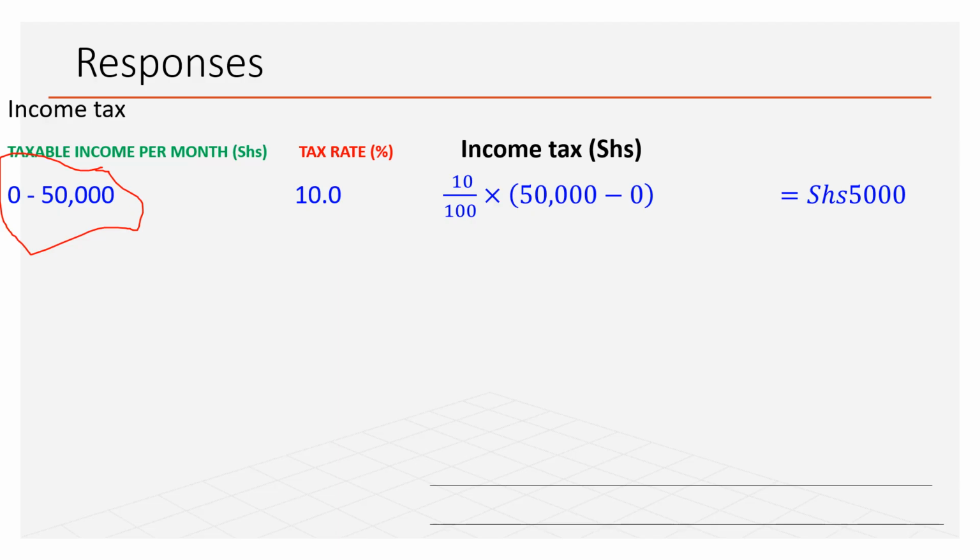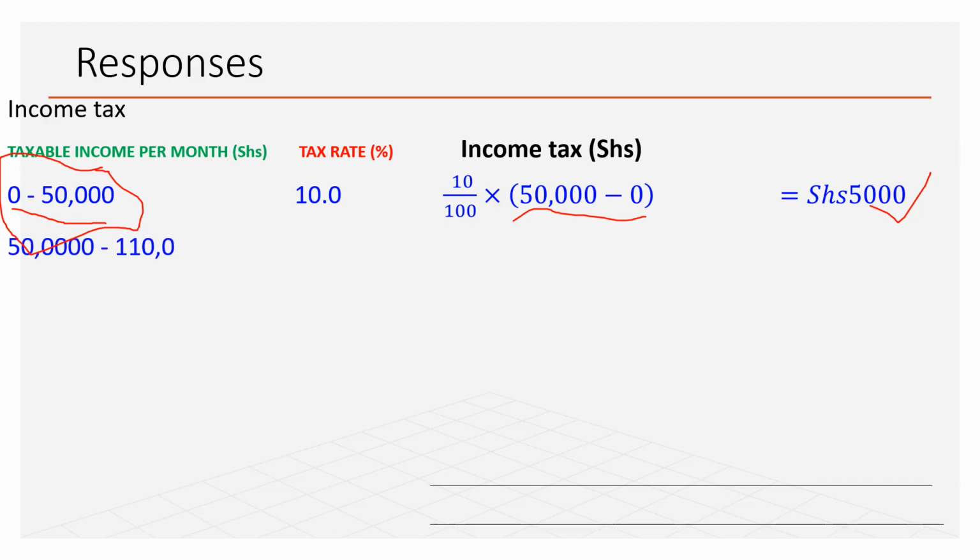Because now here we are considering the range between 0 to 50. So since we can't take 0 or 50, we have to take the difference. That's why we are subtracting here, and this will give us shillings 50,000.